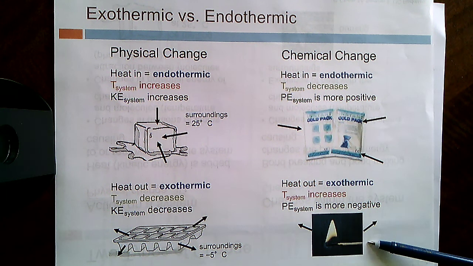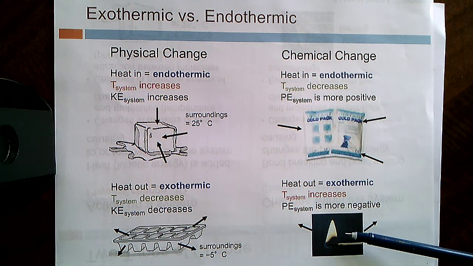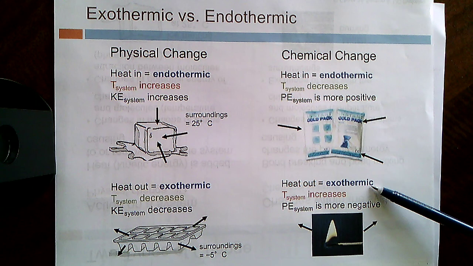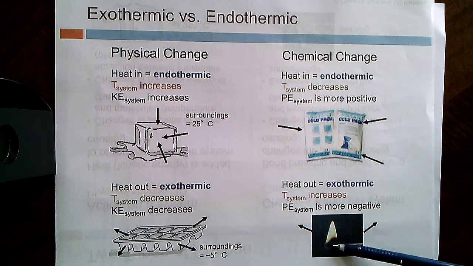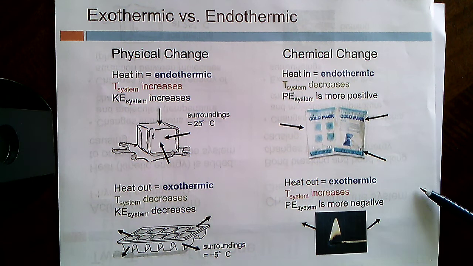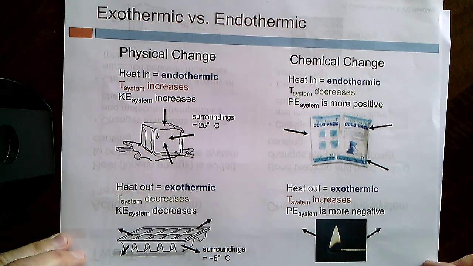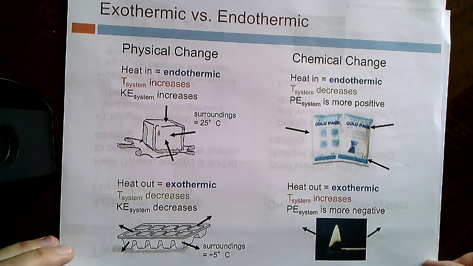Burning a match, however, your hand, if it was next to the match, would feel an increase in temperature. So this is an example of an exothermic process, an exothermic reaction, in which heat is transferred out of the system into the surroundings, and your hand is part of the surroundings. So exothermic and endothermic are terms that we're going to work with today.